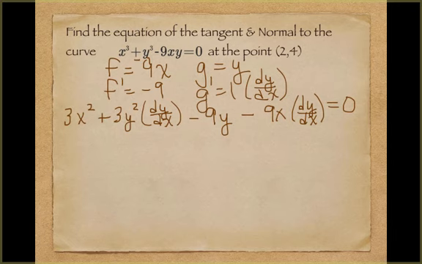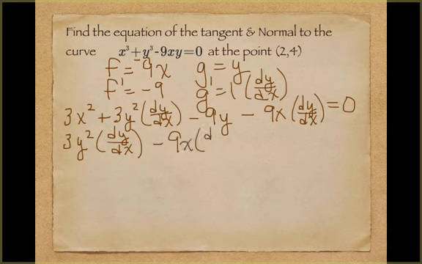So again, I'm going to keep all the terms with dy dx on one side, and move the rest to the other side. So I have 3y squared dy dx minus 9x dy dx equals 9y minus 3x squared.